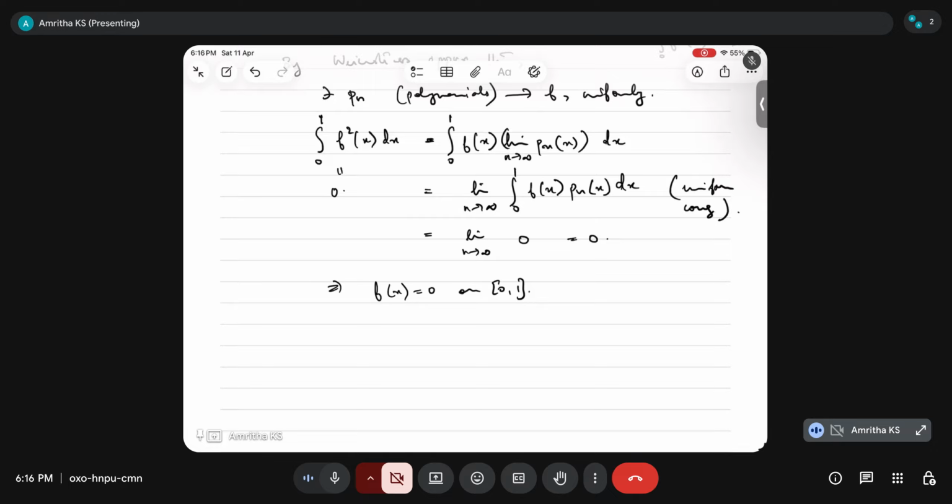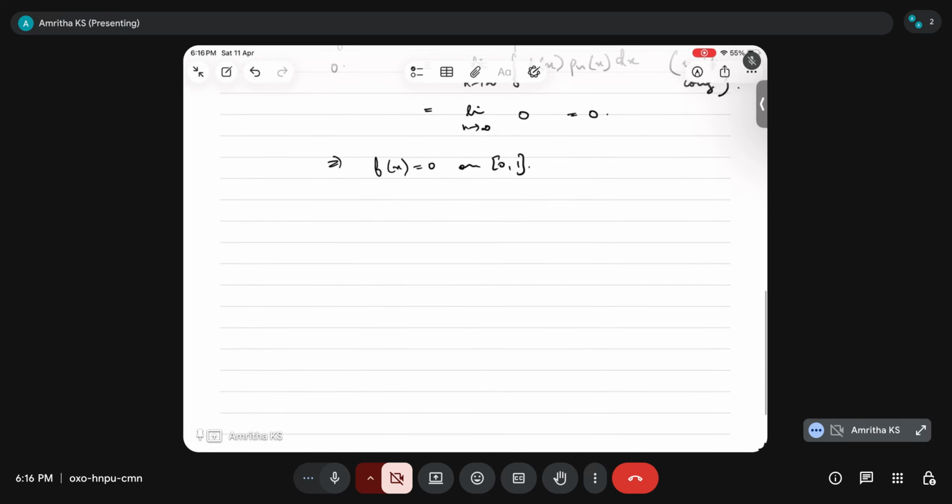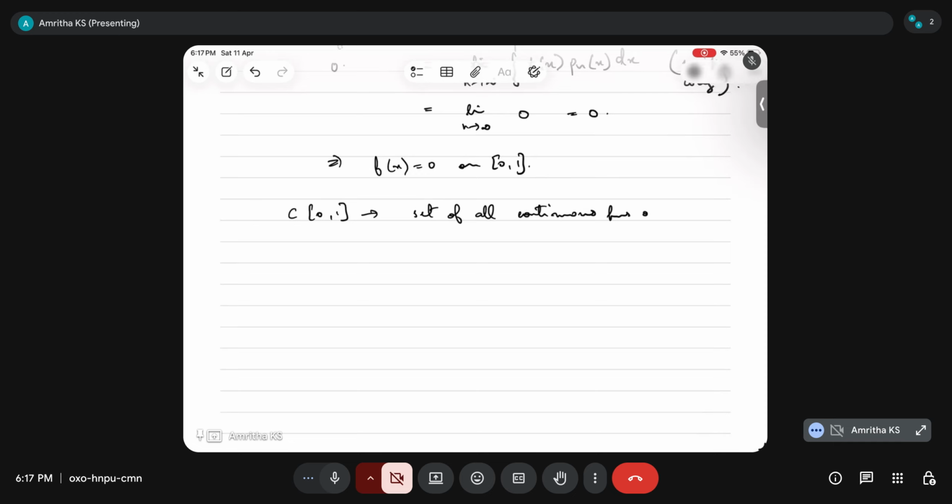Now another application is that, suppose this is the set of all continuous functions on [0, 1]. Then this is separable. I don't know whether sir has taught separability or not.